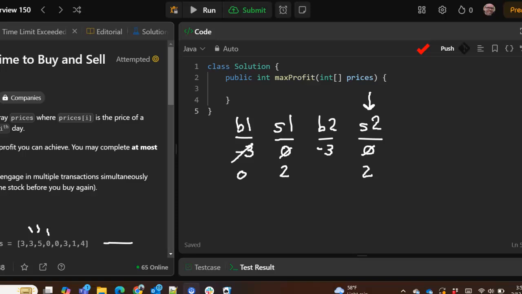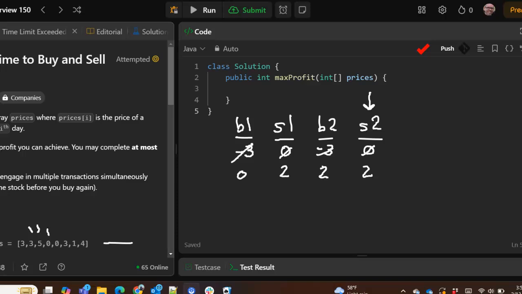Balance 2, the max of whatever it is, or first sell profit, no, I'm sorry, minus current price if we buy again. So if we buy again, we can be here at 2. That would be our profit.